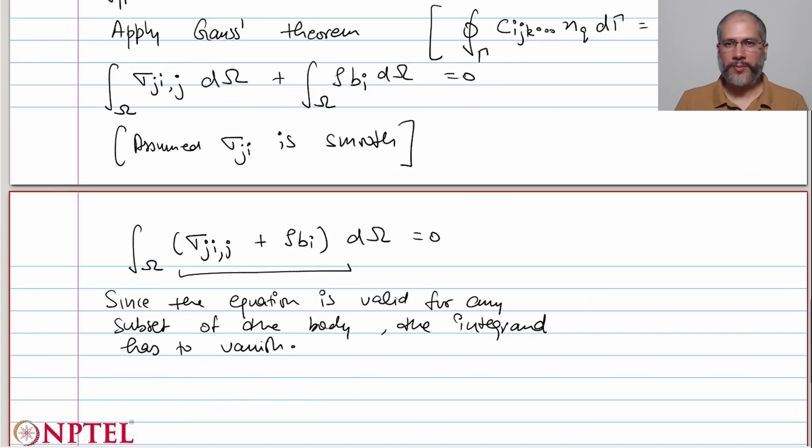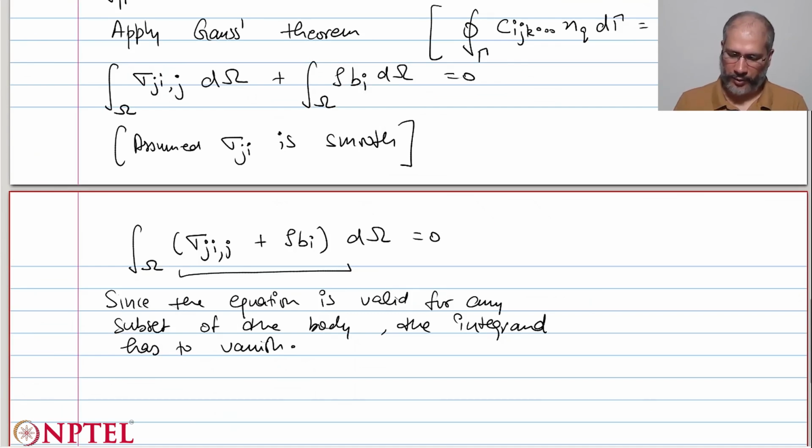And where is it 0? Well, it is 0 everywhere because we're talking about this sum being applied for different arbitrary bodies. So if I take d omega as the complete body, then this is 0, and anywhere I take this d omega, this quantity is 0. So this means that this quantity is 0 everywhere inside the body.